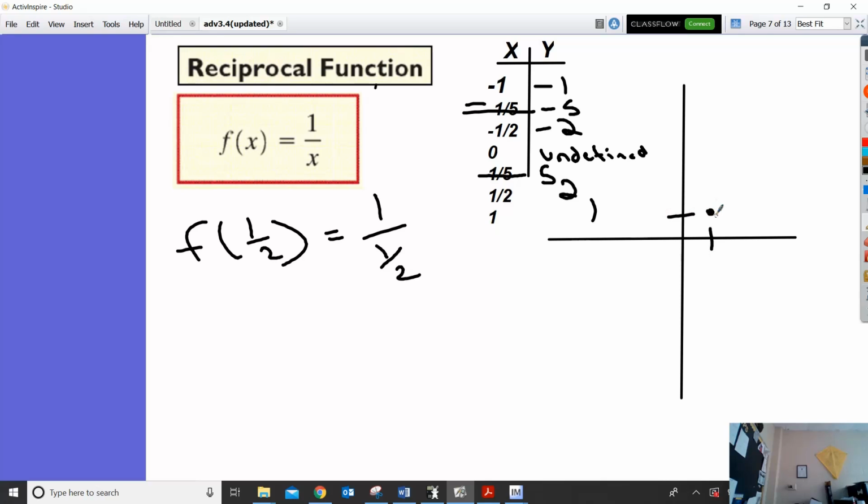1, 1 is a key point. Probably should use one for a number too, but I didn't. 1/2, 2. Right there. And then 1/5, 5.